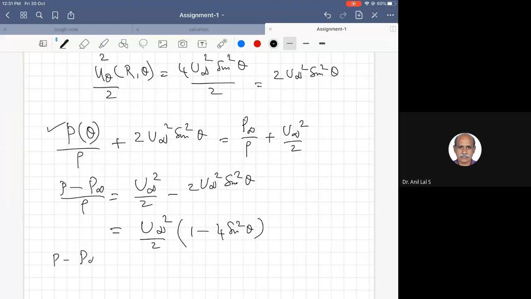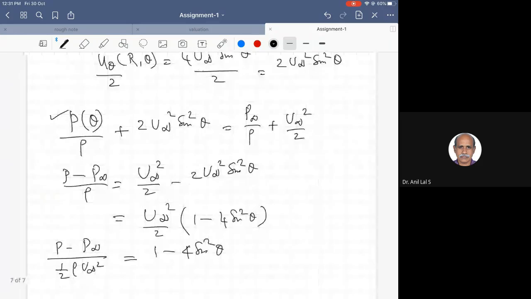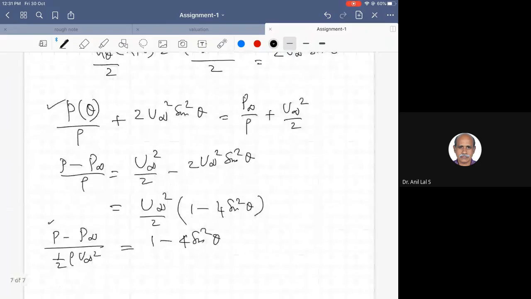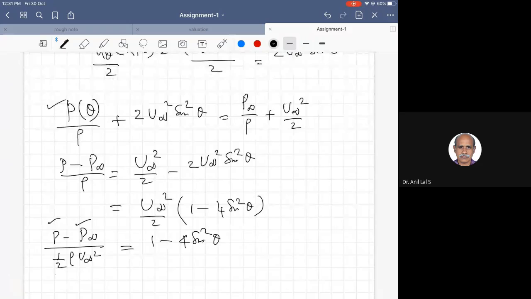Or P minus P infinity by half rho U infinity squared. P minus P infinity is the difference in pressure, divided by half rho U infinity squared.